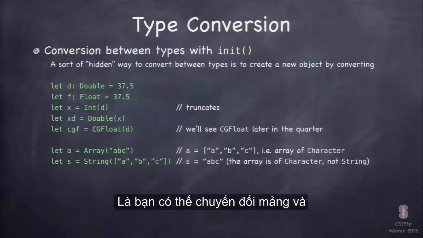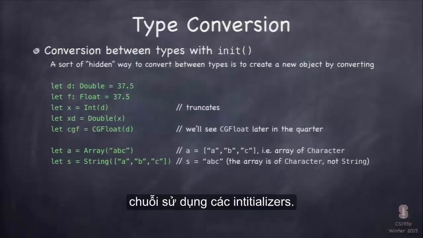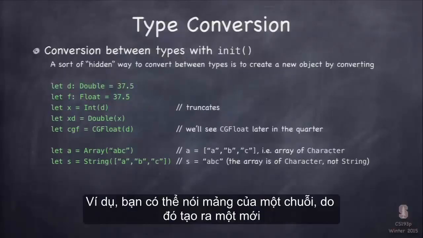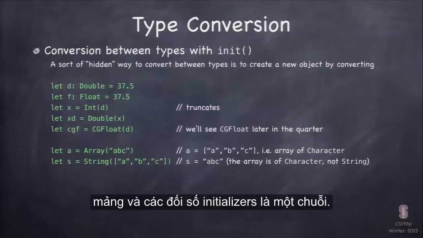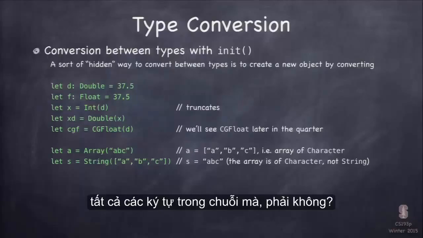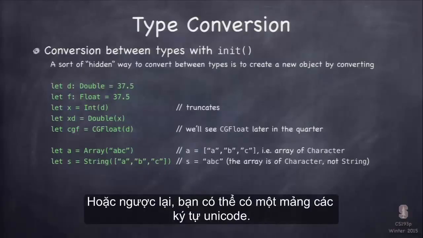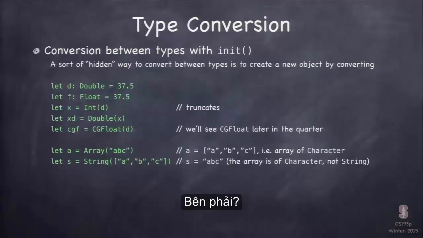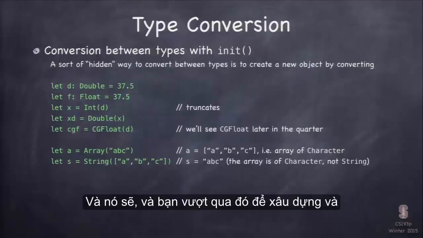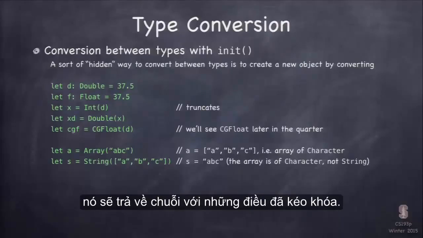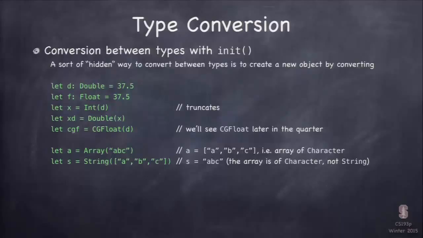But you also might be surprised, if you read the reading assignment carefully, that you can convert arrays and strings using these initializers. For example, you can say Array of a string, so create a new array where the initializer's argument is a string, and it will return an array of all the Unicode characters in that string. Or vice versa, you can have an array of Unicode characters, pass that to String's constructor, and it'll return a string with those things zipped up.